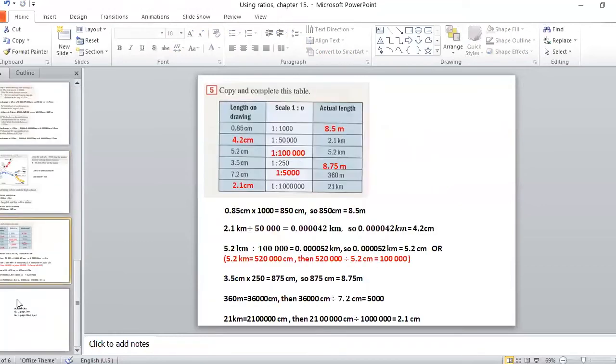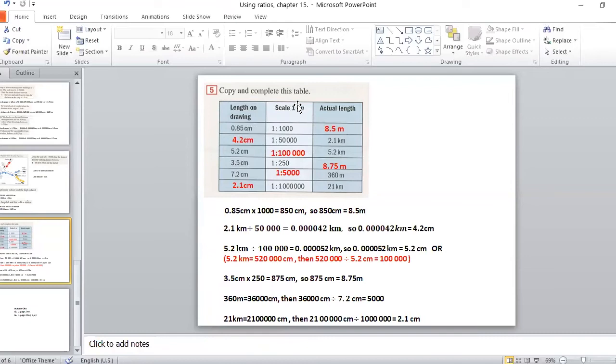Then the last exercise I'm sharing with you for this topic is exercise 5. You are asked to copy and complete this table. First, let us comprehend the way of this table. The first column shows the length on drawing, which may be shown on a map or on a plan, it depends.